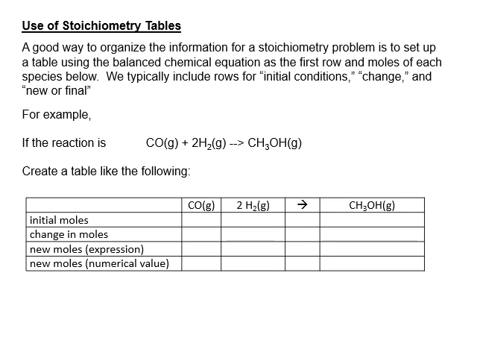The first row of the table is the chemical reaction with the respective coefficients. We have a row for the initial moles of reactants and products, a row for change, and a row for the new moles, both expression and numerical value.